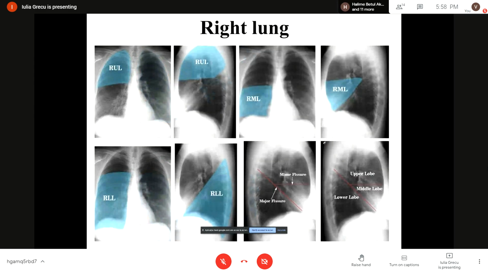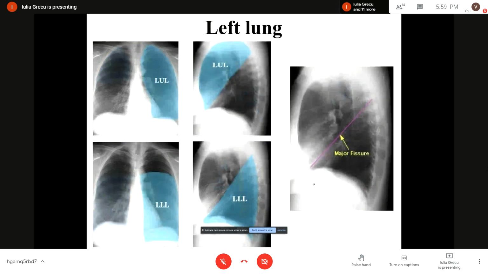So three lobes on the right, separated by the oblique fissure and transverse fissure, and two lobes on the left, separated by the oblique fissure or major fissure.